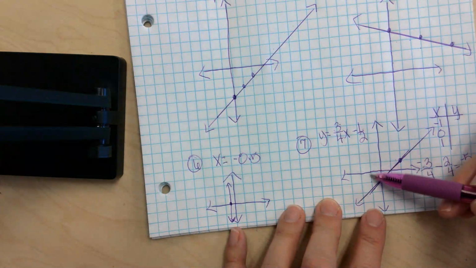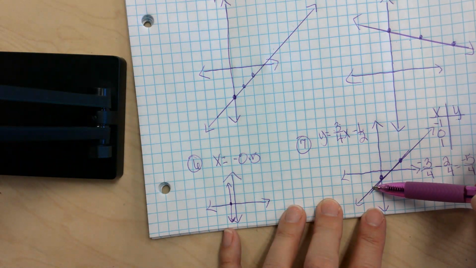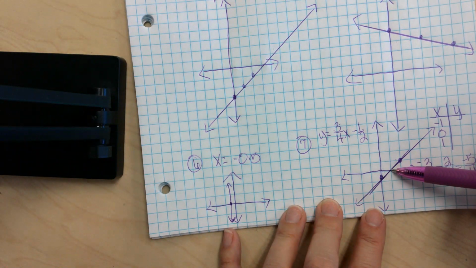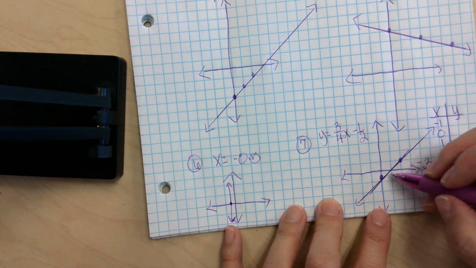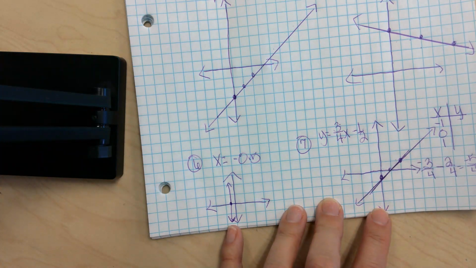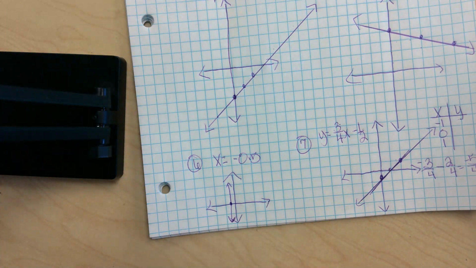So at -1, it would cross at -1 1/4. At +1, it's going to be at about, a little over here. So either way, you could do it with the chart or you could do it the shortcut way. Does that make sense?